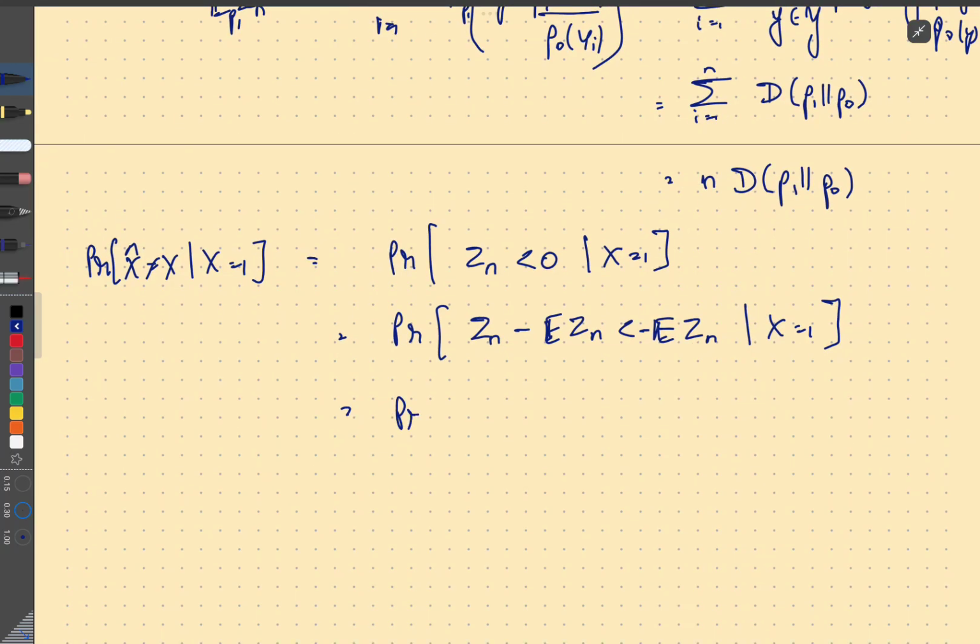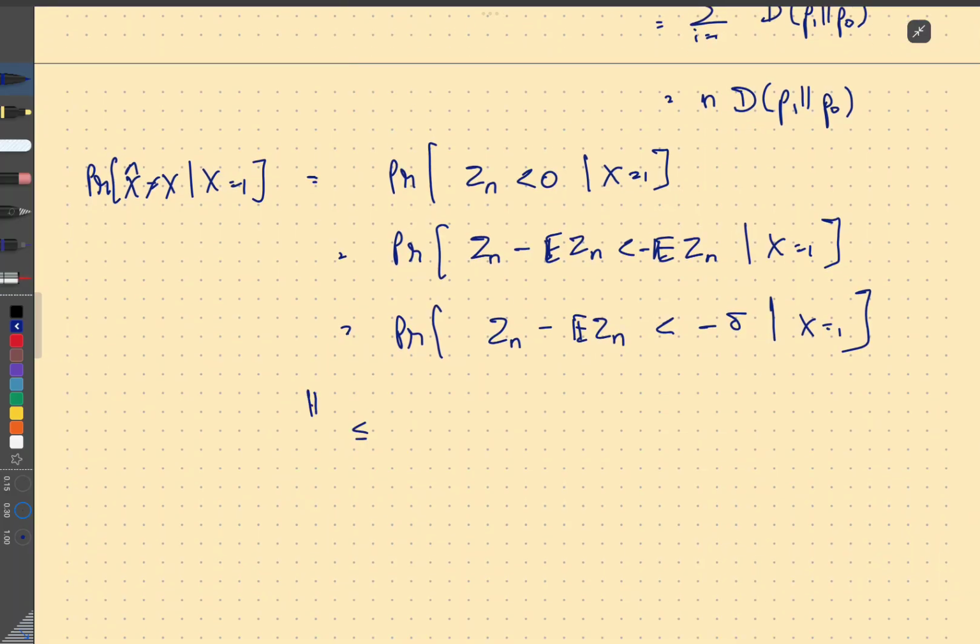So this is of the form: probability that Zn minus expected value of Zn is less than minus delta, where delta is just the expected value of Zn.